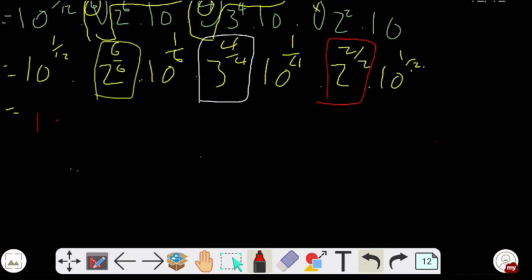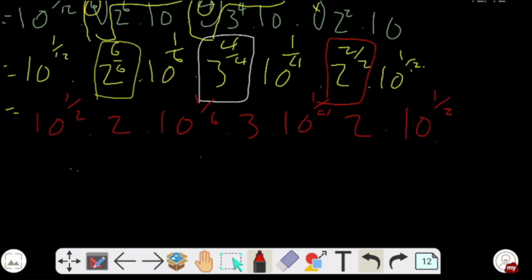Meaning we still have 10 to the power of 1 over 12 times 2 times 10 to the power of 1 over 6 times 3 times 10 to the power of 1 over 4 times 2 times 10 to the power of 1 over 2.